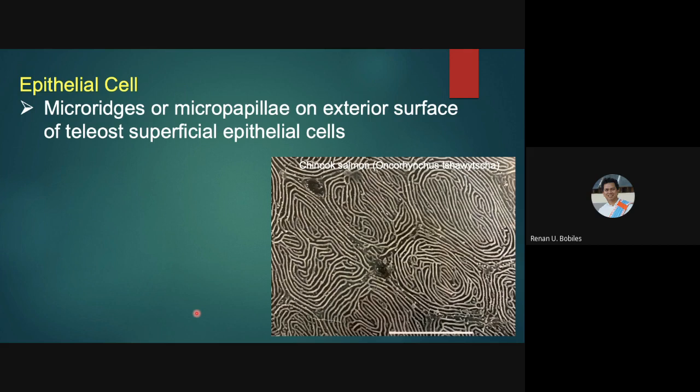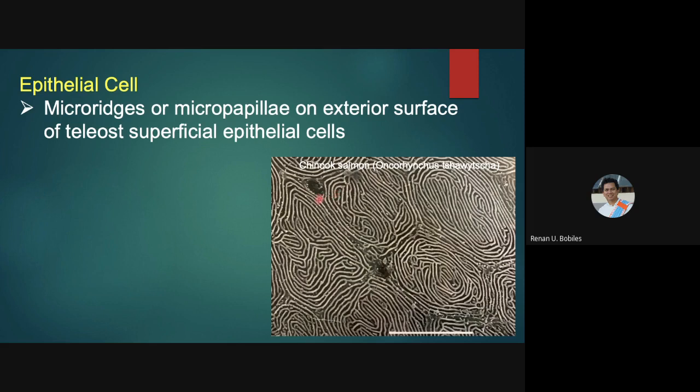Pag yung isda, okay, pag yung isda, tinanggal nyo yung slime layer niya, okay, hinugasan siya, sabihin natin ng acid, na wash out yung mucus. You can see ridges, ganito. Okay? It is known as microridges.